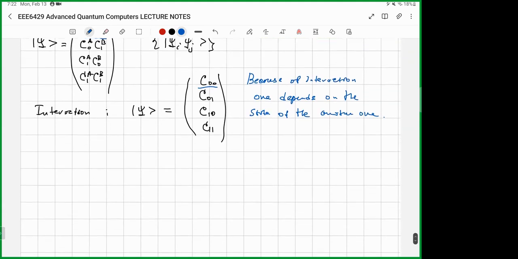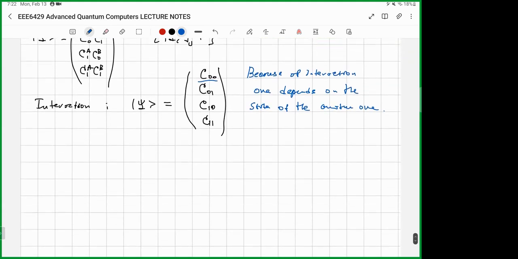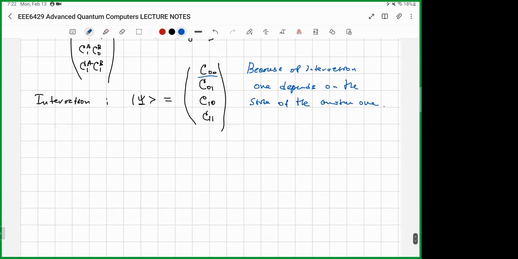And this is called quantum correlation. I guess it's useful to write this down.